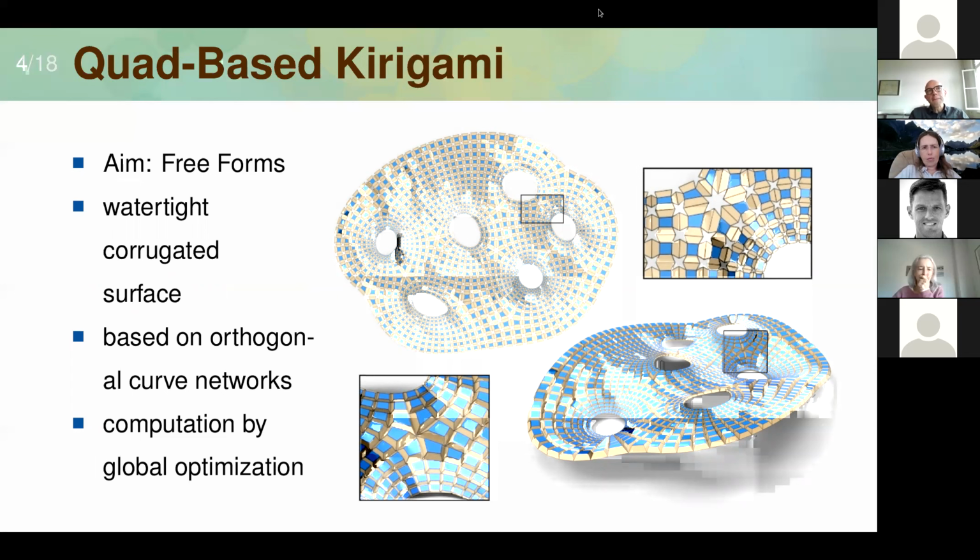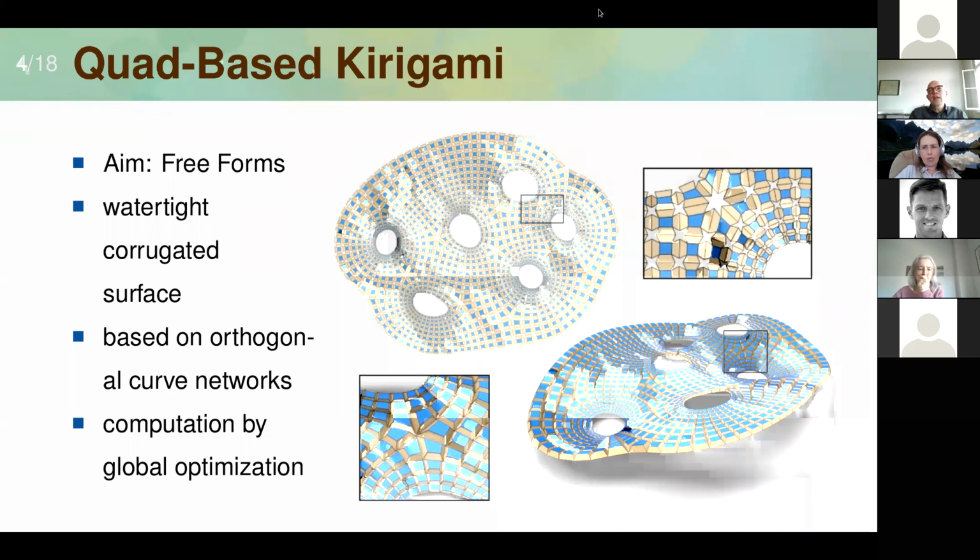So our aim is to achieve free forms. So general surfaces should be achieved. We want a watertight surface representation. So this is already different from the previous.